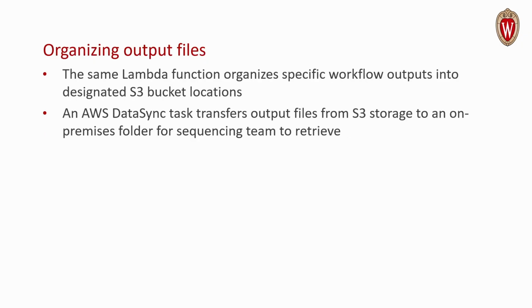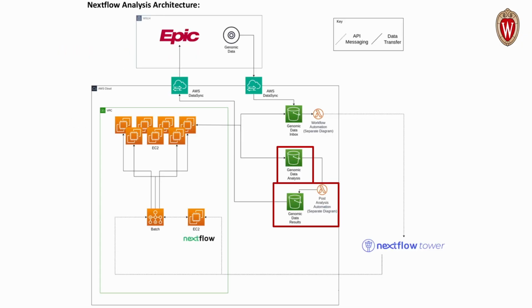Now, as for organizing output files, we also have a Lambda function that organizes specific workflow outputs into pre-designated S3 bucket locations. And as I said, we have an AWS DataSync task that transfers output files from S3 storage to our on-premises folder for our sequencing team to retrieve. So this is this section of the diagram where, again, we have results data that has been stored in our genomic data analysis bucket.